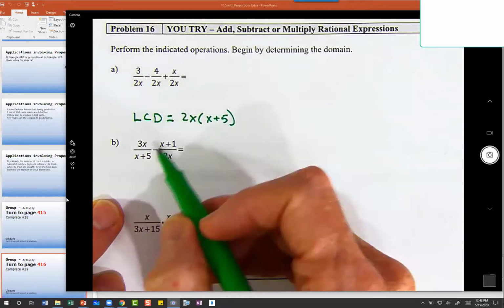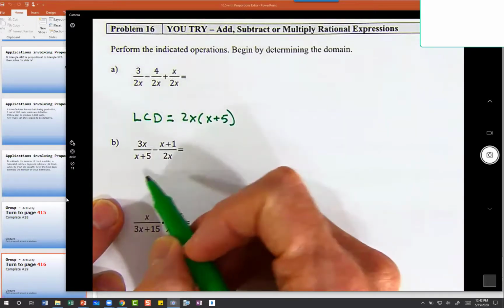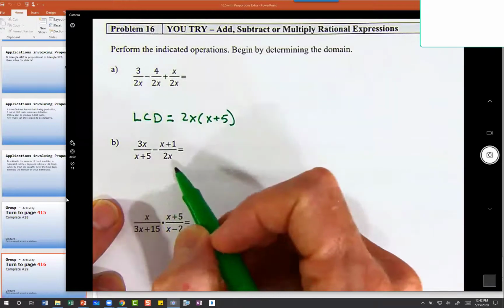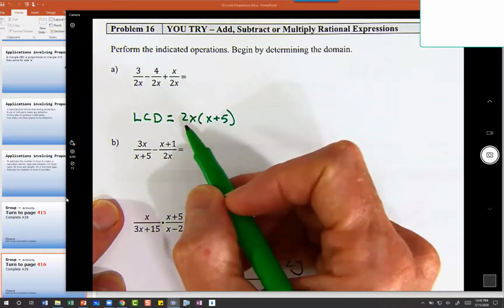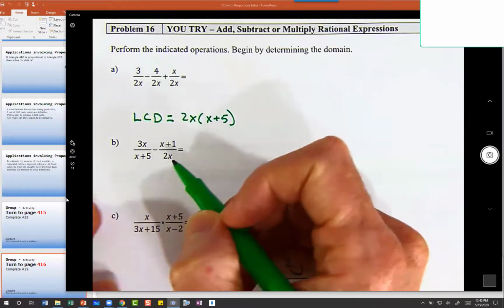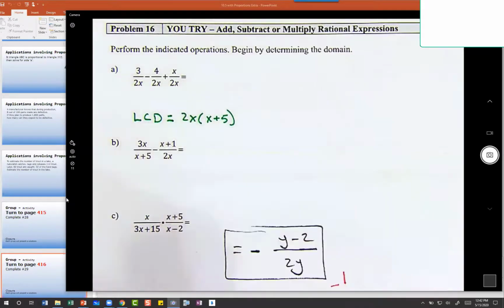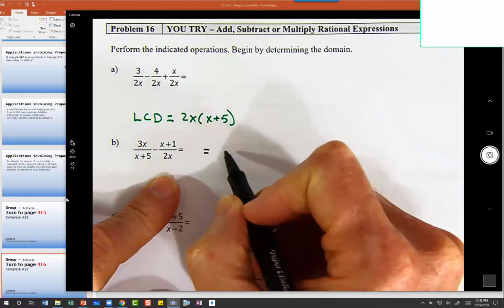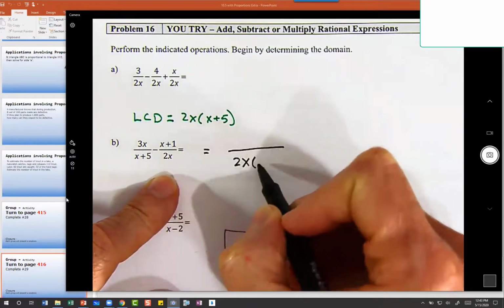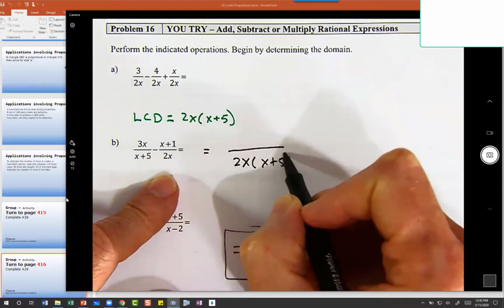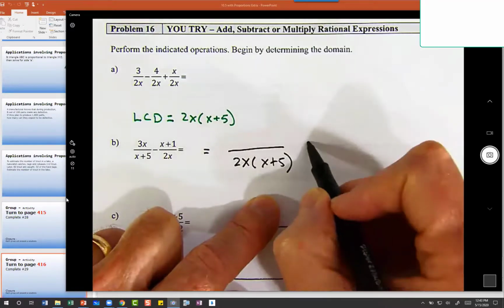Since these have nothing in common, the only way to get a common denominator is to multiply the two of them together so that I have something that's big enough for both to go into. Now that means each fraction has to be switched to the new denominator.